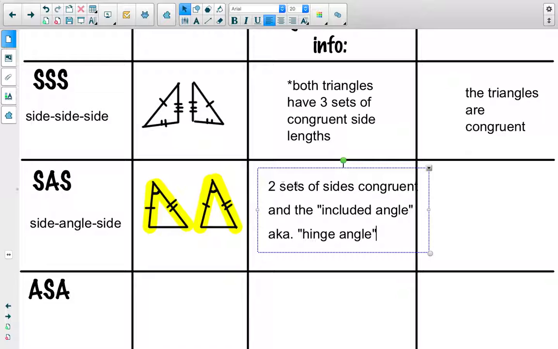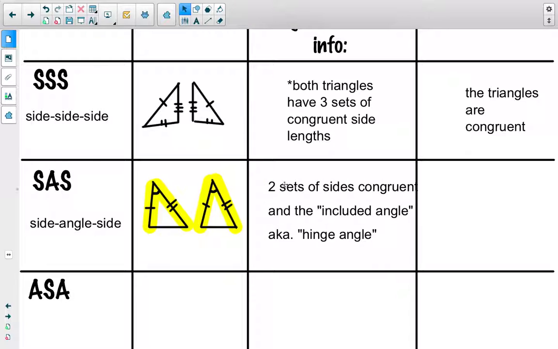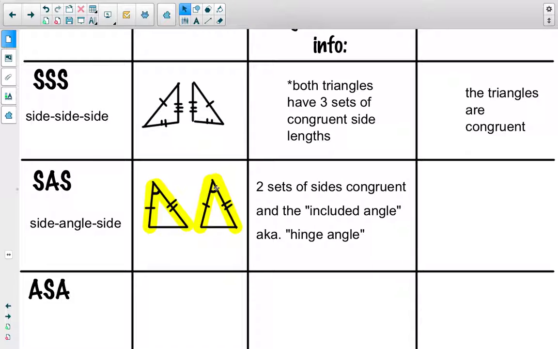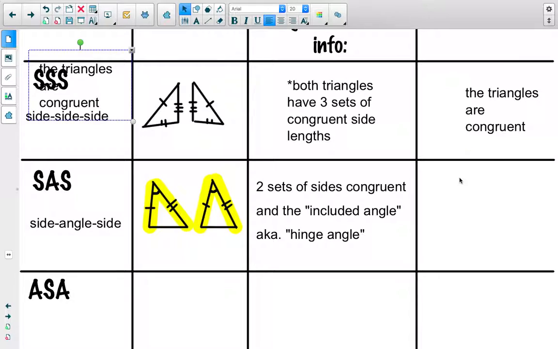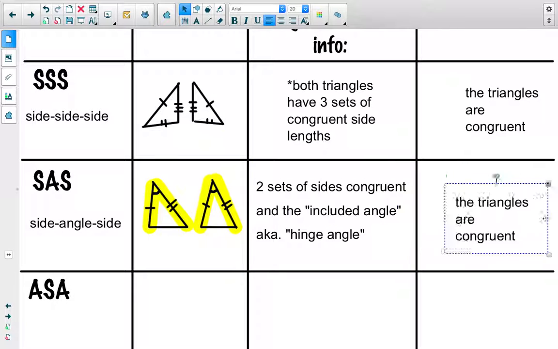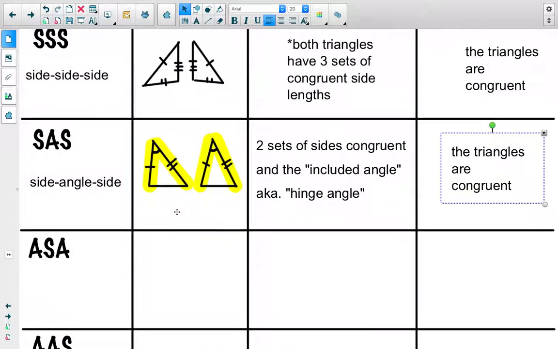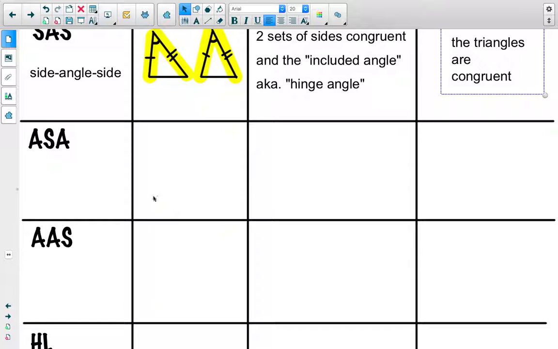That's not really a geometry term. I kind of made that one up, but that's how I think about it. Think about it like a hinge. You set it at a specific angle, and it has to match what the other one's set at. When we see that, the triangles are congruent. We don't have to know anything about the other sides or the other angles.